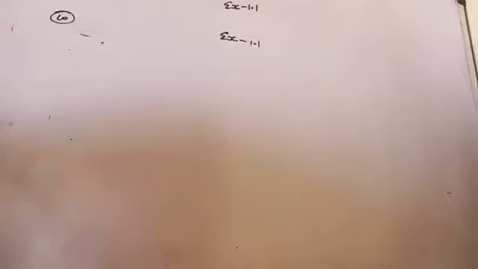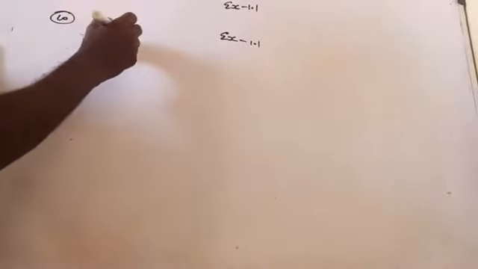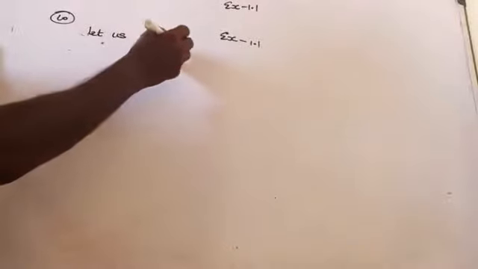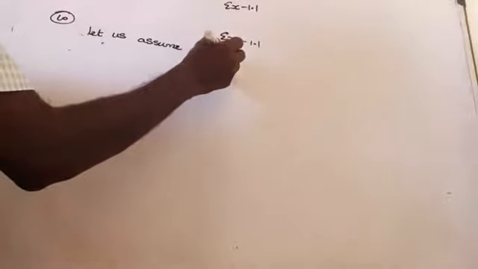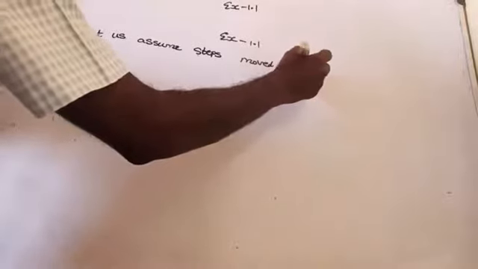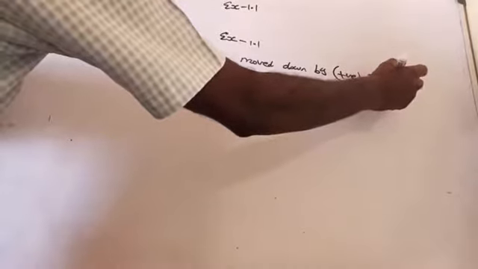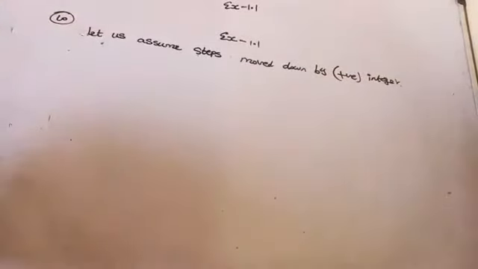Now let us consider the steps moved down are represented by a positive integer. Let us assume jumps move down by positive integers, and then steps moved up by negative integers.